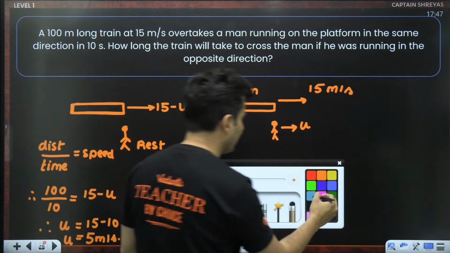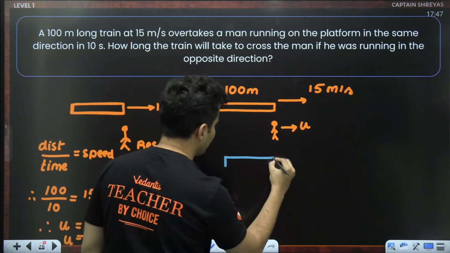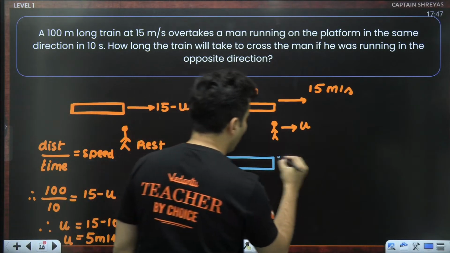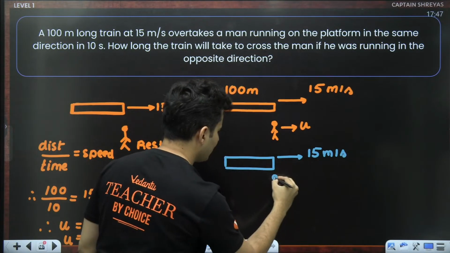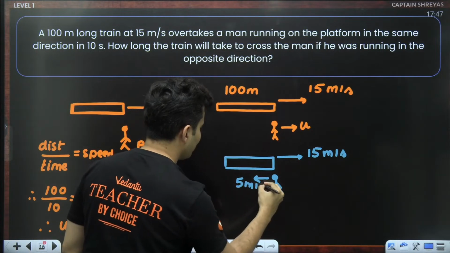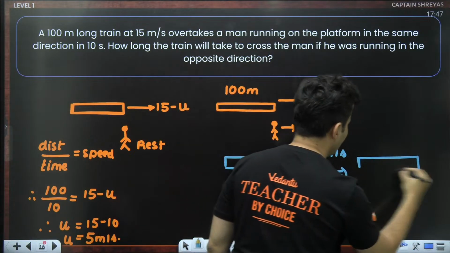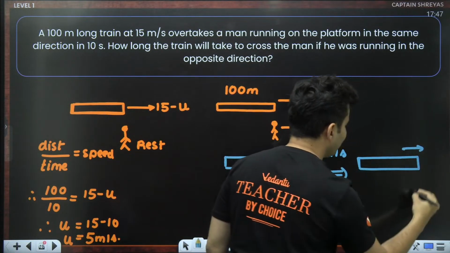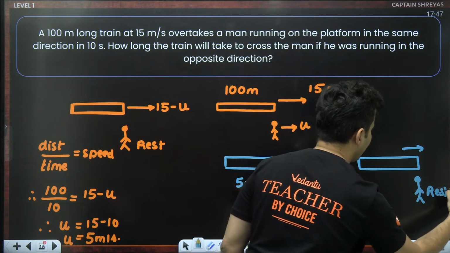Now the next scenario, what is happening? The person is going in the opposite direction. The train is still moving at 15 meters per second, but this person is going like this with 5 meters per second. You can convert this scenario as if the train now is going with a different speed and the person is at rest.